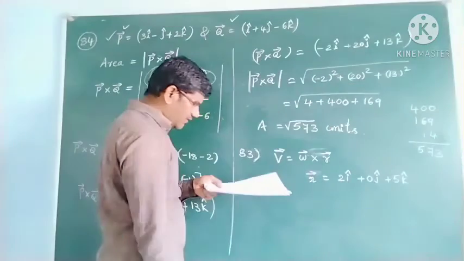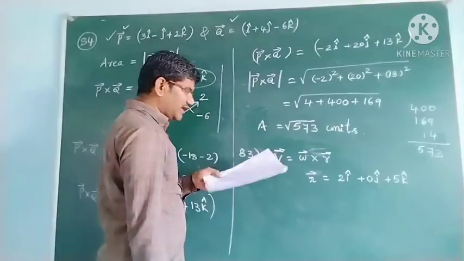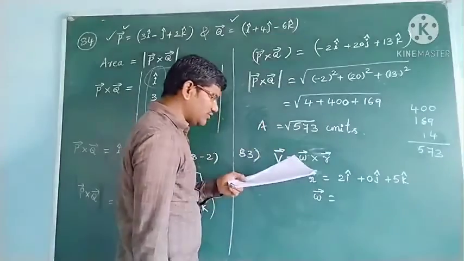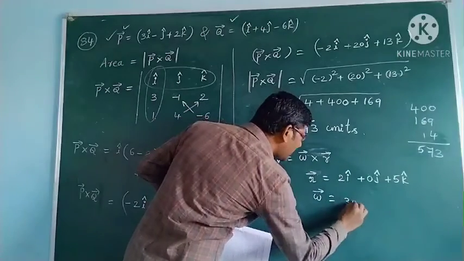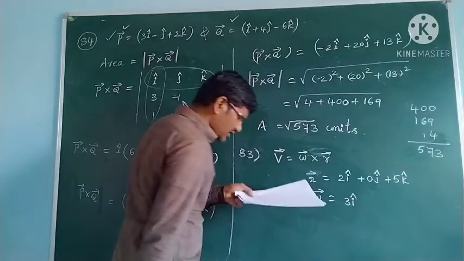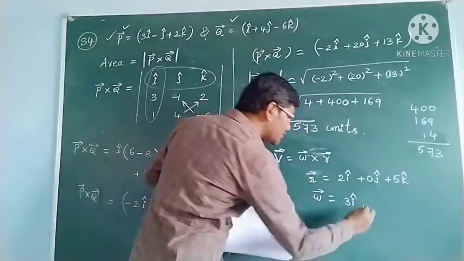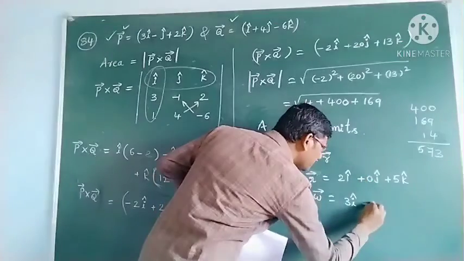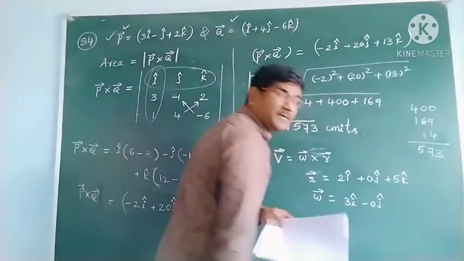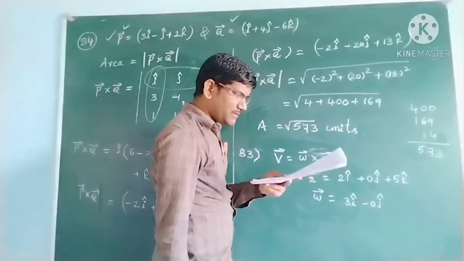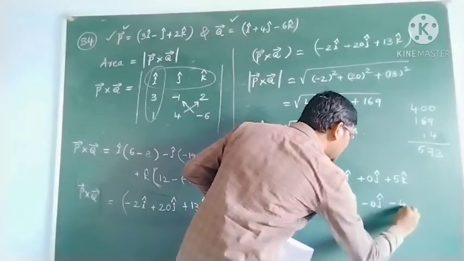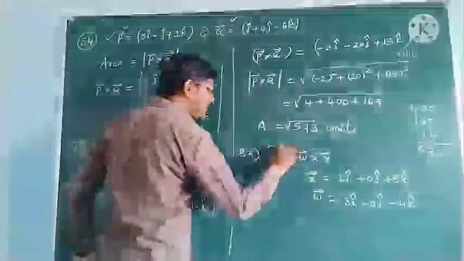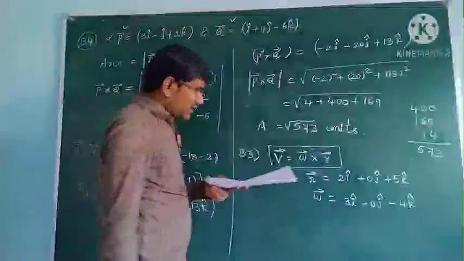That's the r bar value they have given. And omega bar value also they have given, 3i cap plus 0 into j cap minus 4 into k cap. Like this they have given and asking to find the linear velocity.